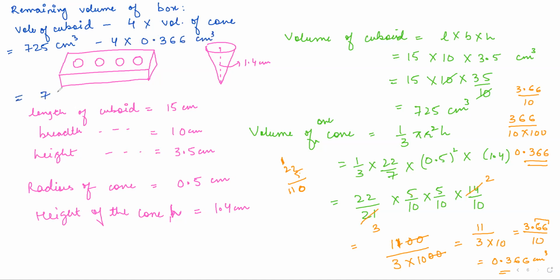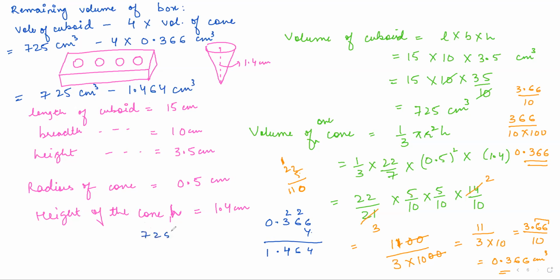Now multiply 0.366 by 4. So 4 into 6 is 24, carry 2; 4 into 6 is 24 and 2, 26, carry 2; 4 into 3 is 12, 14. So I have got 1.464 centimeter cube, and then you do subtraction.